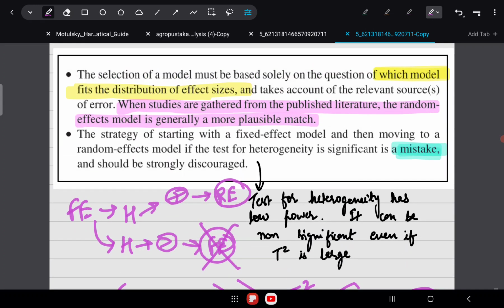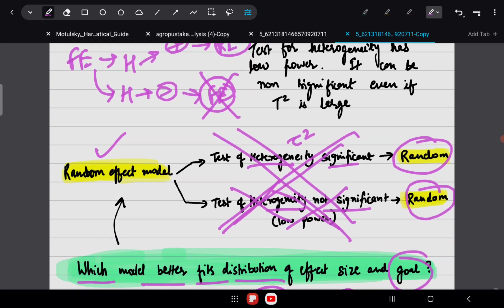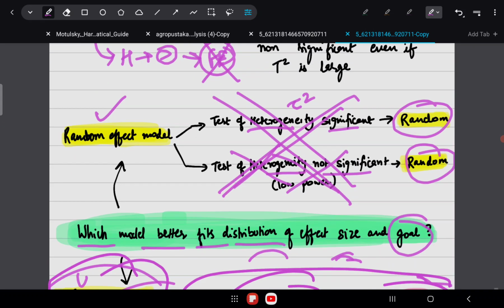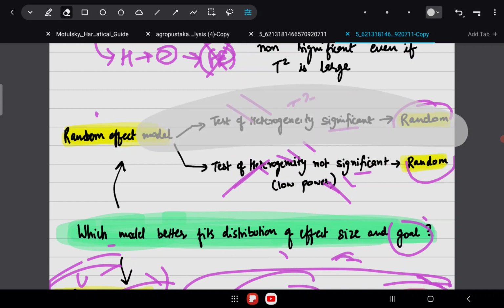Okay, so ultimately the selection of the model must depend on the question of which model better fits the distribution of the effect size. Generally speaking, random effect modeling is more plausible. One more reason why random effect modeling is a better match is this: let's say I am doing random effect modeling, and let's say tau is 0, so there is no between study variance.